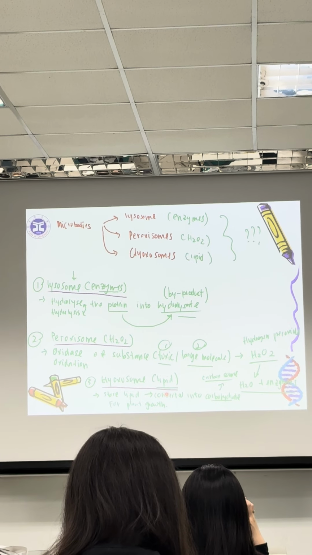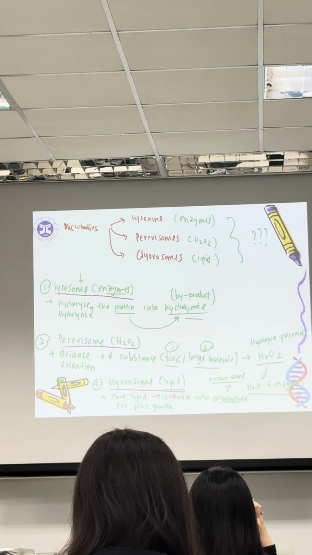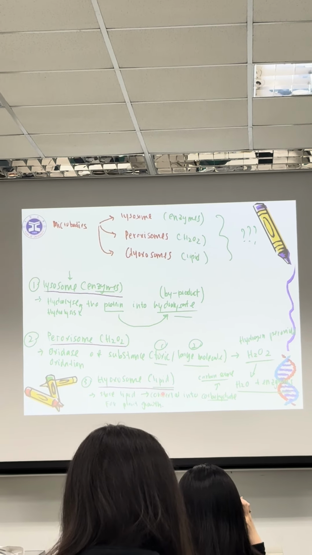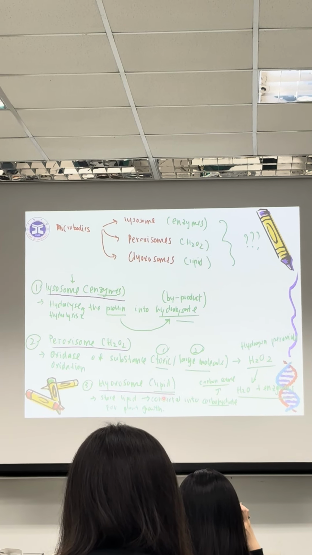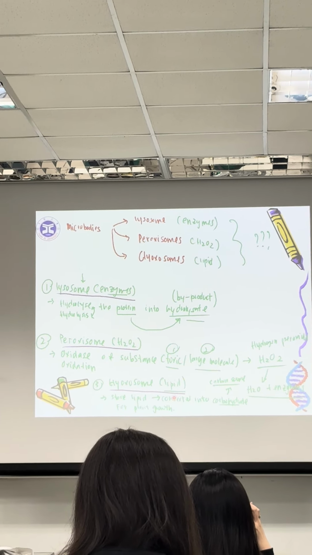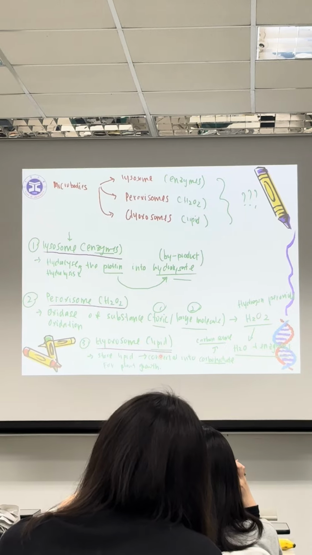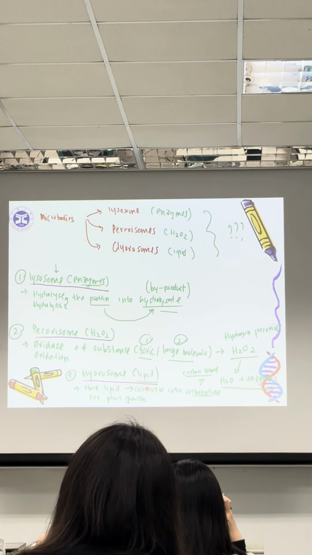For example, if the question asks, justify these 3 types of microbodies. So what does the first microbody do? Lysosome hydrolyzes the protein into hydrolysate.